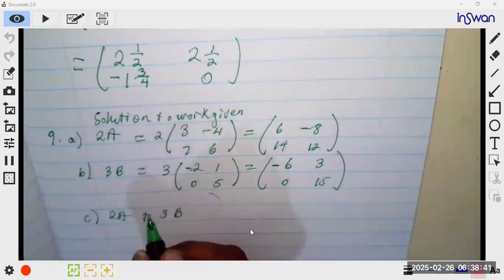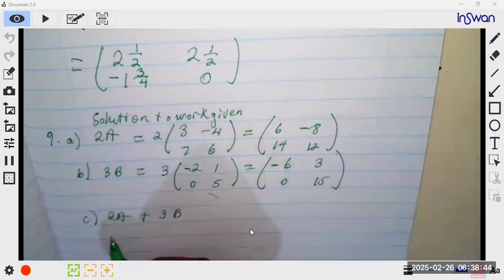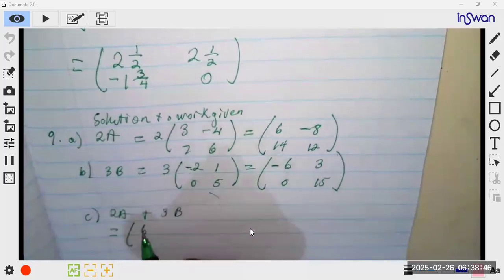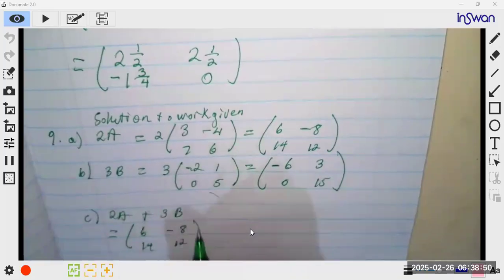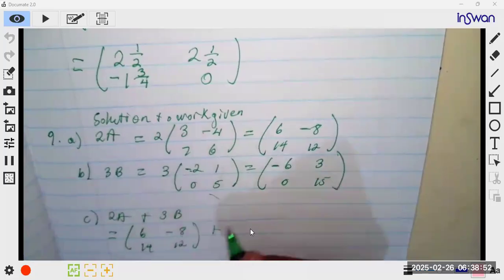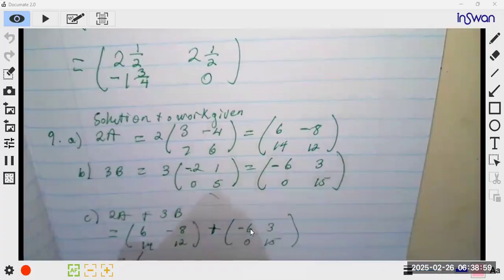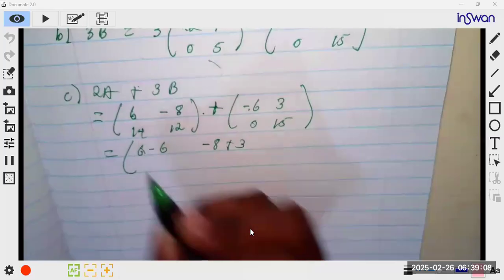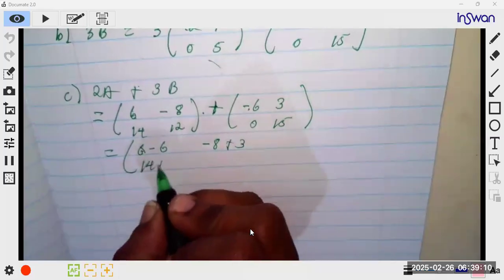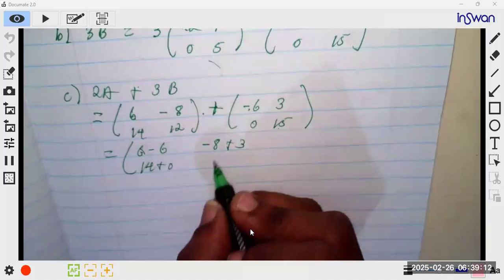C, Cassia. Miss, I got 0, -5, 14, 27. All right, so it'll be 6, minus 8, 14, 12, plus 3B, which we have on top already, minus 6, 3, 0, 15. So now you'll get 6 take away 6, minus 8 plus 3, 14 plus 0, and 12 plus 15.